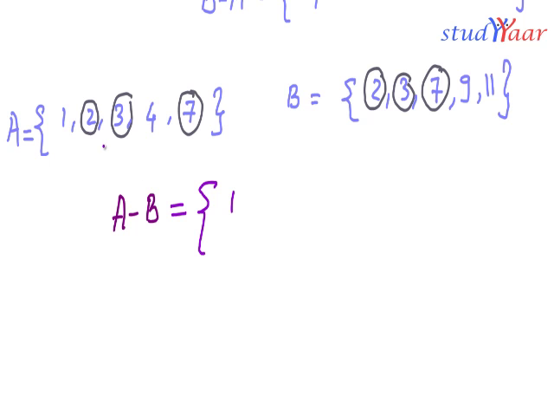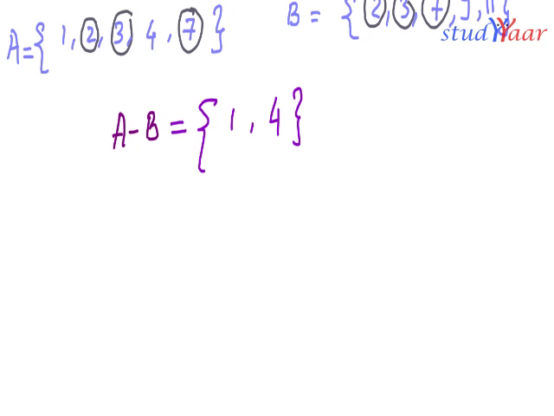As you can see, 2 is present in A, but it is also present in B. Therefore, 2 is not an element of A minus B. The same is the case with 3, but 4 is present in A and is absent in B. Therefore, 4 is going to be part of A minus B, and 7 again is not going to be part of A minus B. Therefore, A minus B is this.